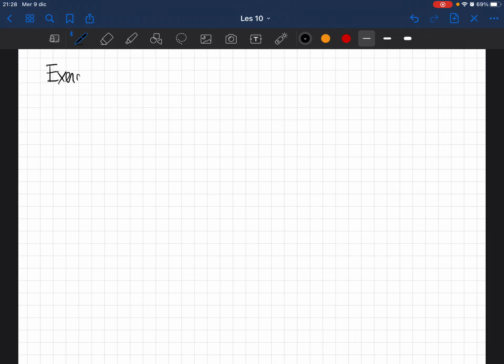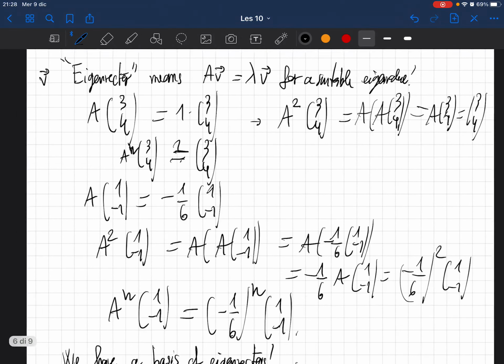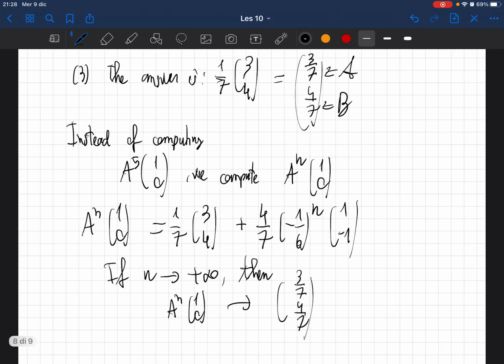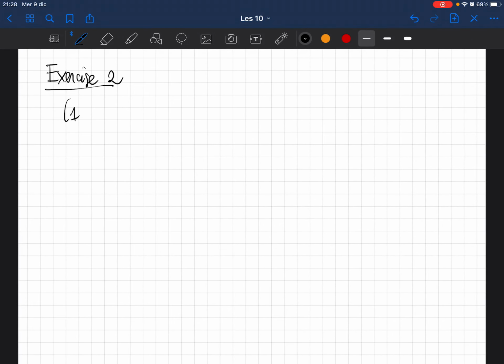Okay, exercise 2. So 1. So the first part. Okay. Here, the required matrix is A. Let me see.